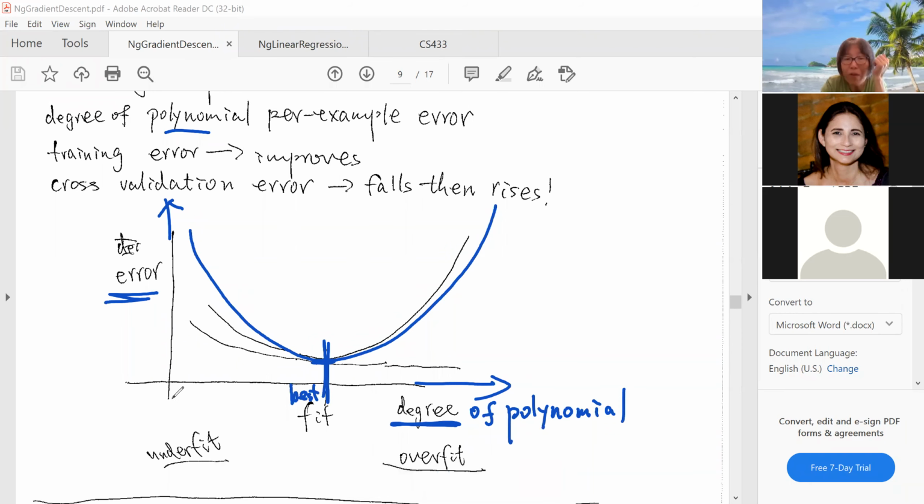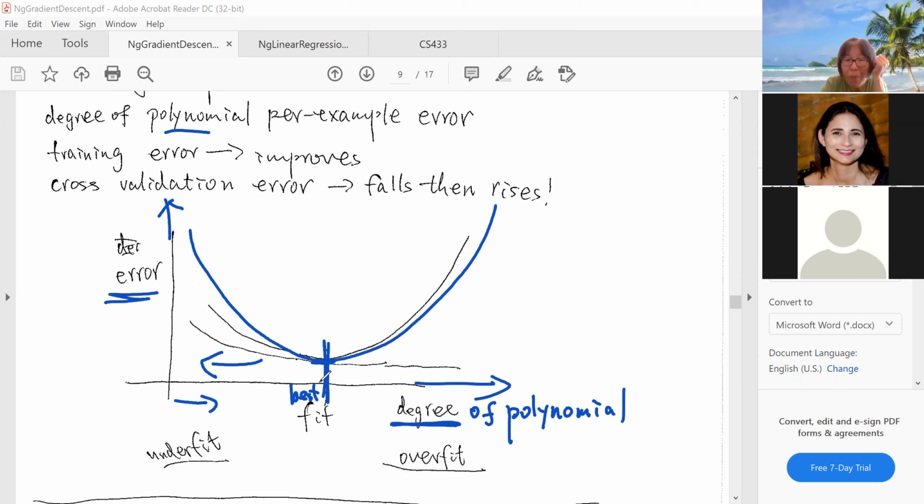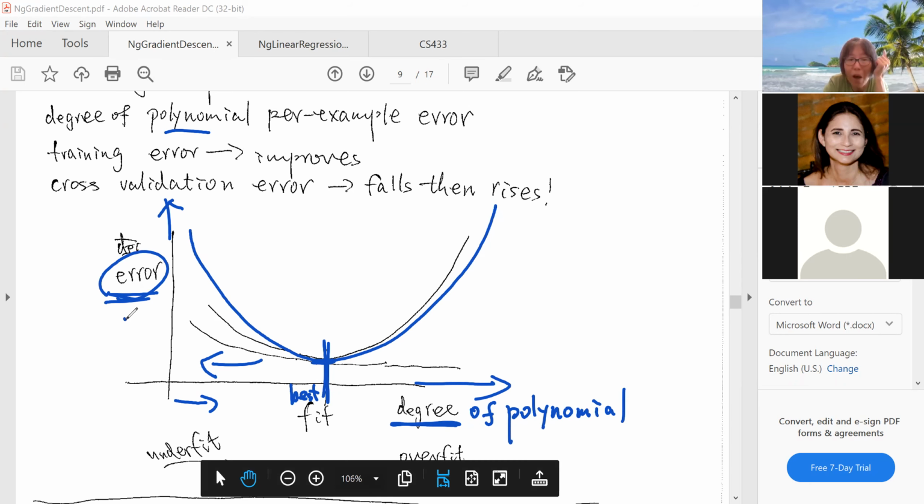With the increase in polynomial terms, the order getting higher, it looks like it's getting better. But below the best, the error rate is high, so we call this underfit.